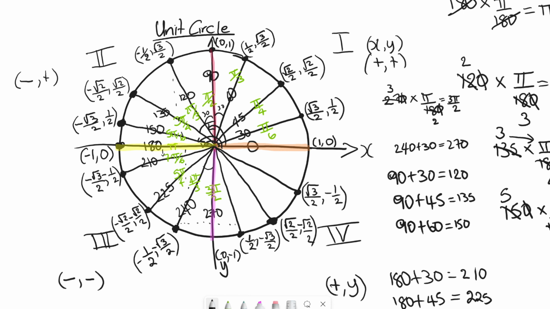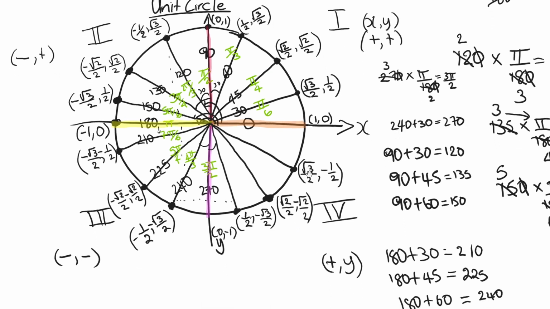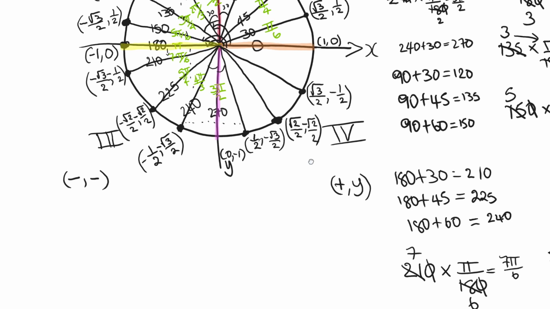Now, all we need to do is determine the radian measures. Oh, wait, no. We have to first determine our degree measure. Okay. So again, using the fact that these two should have a 30-degree difference, we're going to have 270 plus 30, right?